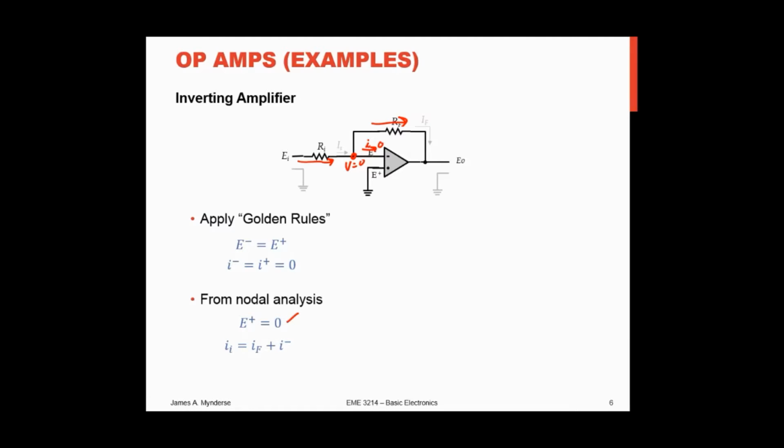My E plus and my E minus are equal to 0. My input current equals the feedback current plus the current going into the negative, which we know equals 0.